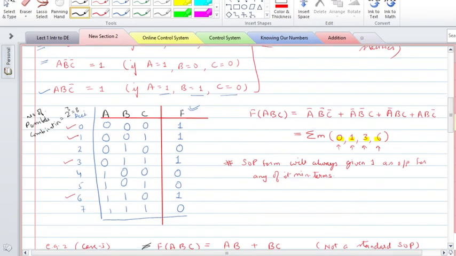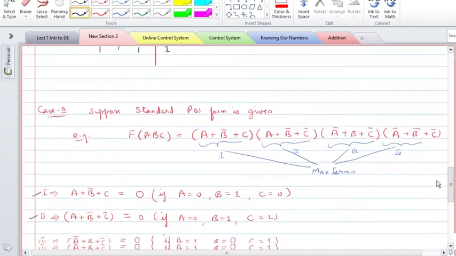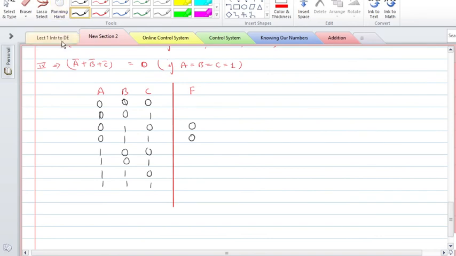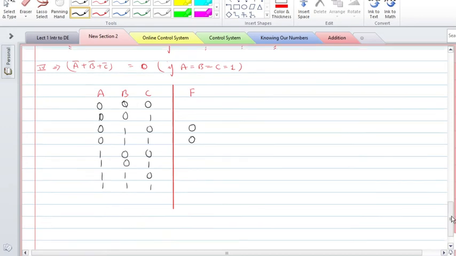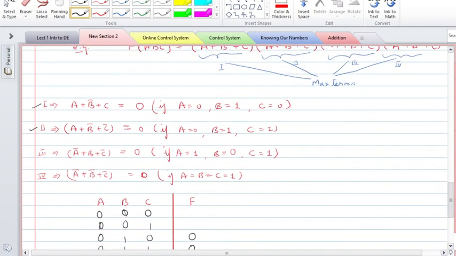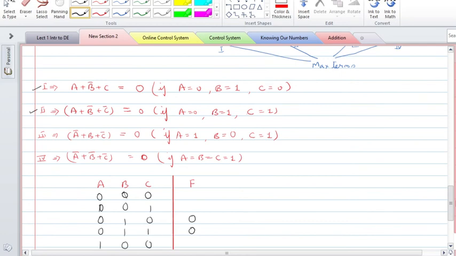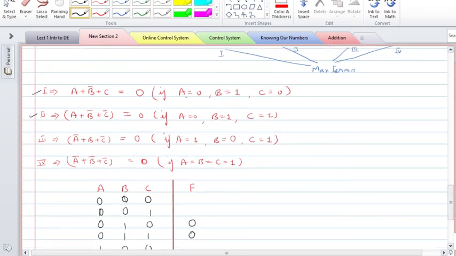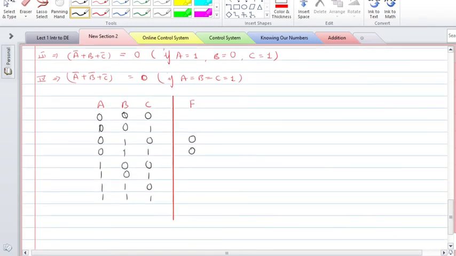I made a mistake here. Now, similarly, the third term, that is 1 0 1, and the fourth term this.